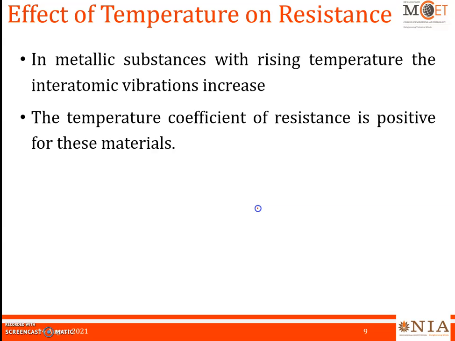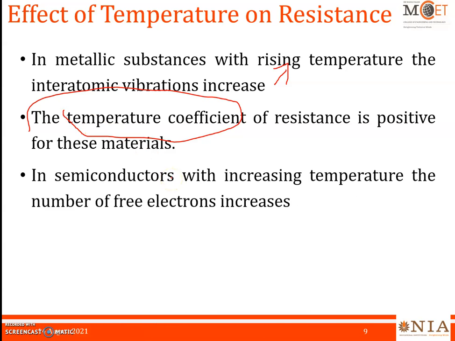Now, the effect of temperature on resistance. In the case of metallic substances, when you increase the temperature, the atomic vibrations increase. Because of this, the temperature coefficient will be positive for these materials.